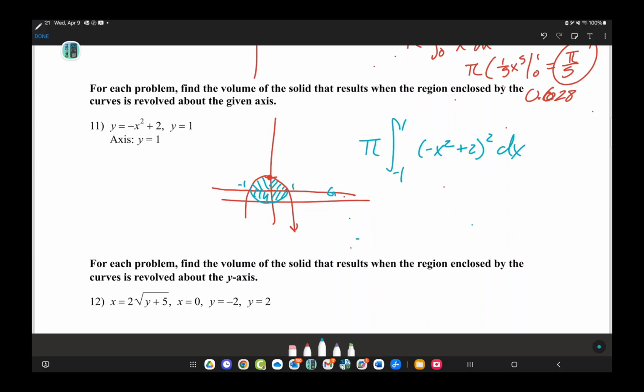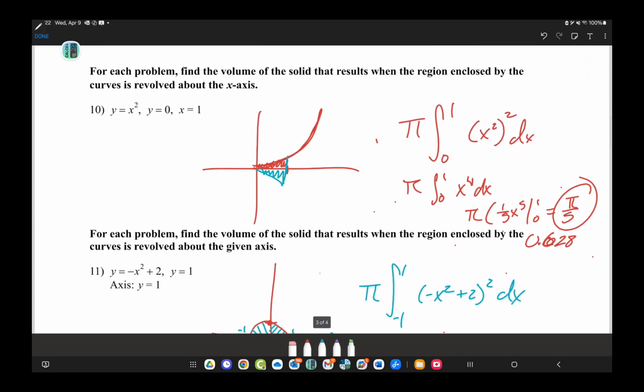Now, since it is an even function, you can do 2 pi times the integral from 0 to 1. Why did you not graph the other side? Because the bounds told us not to.